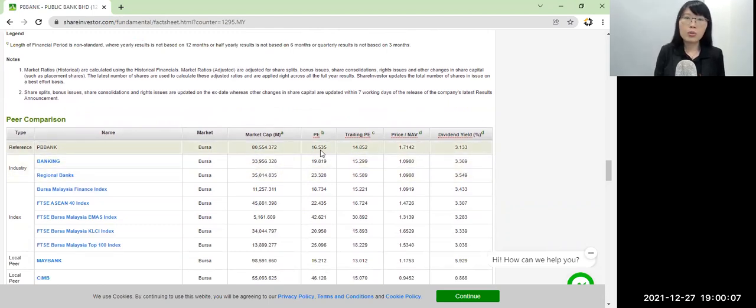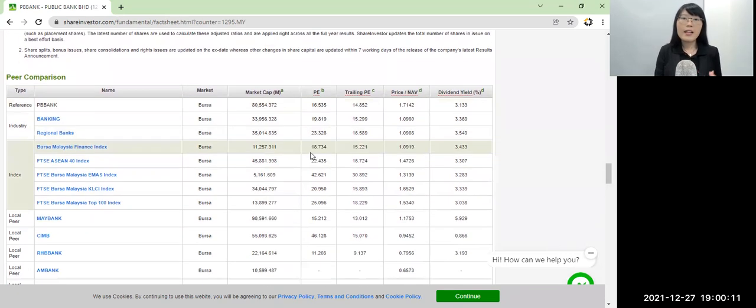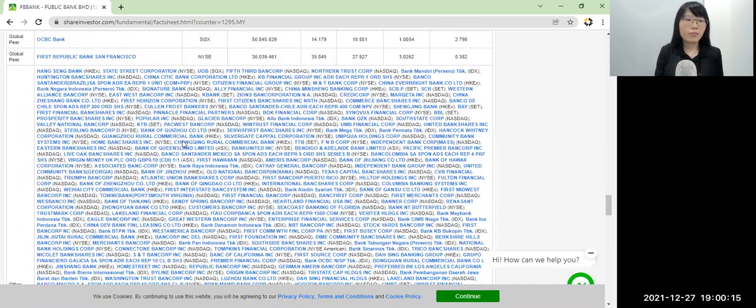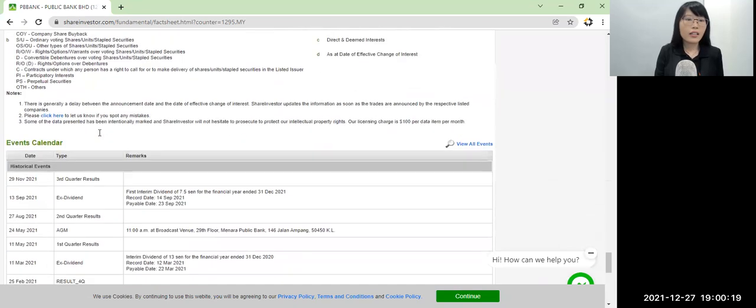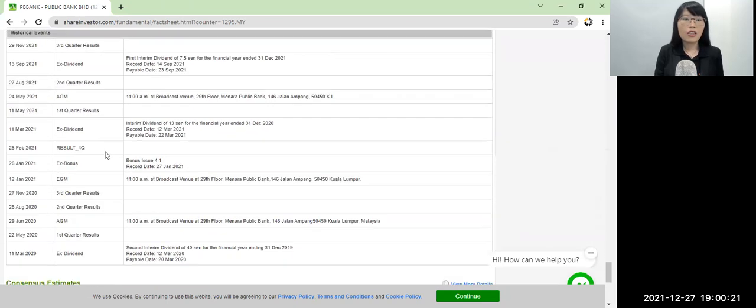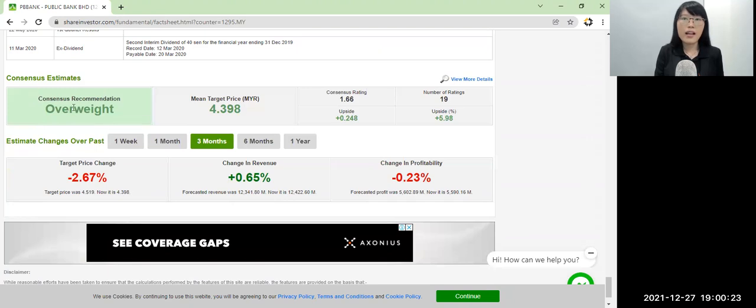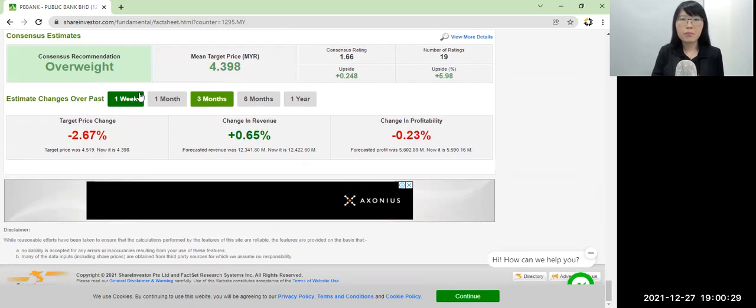Okay, so you can compare with other banks' PE and so on. Then we still have insider trades, event calendar and consensus estimate as well. I will further explain them in another tab. Okay.